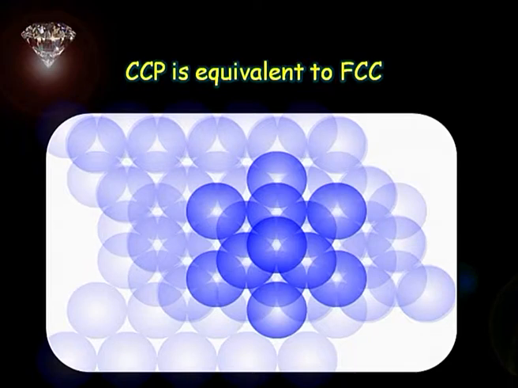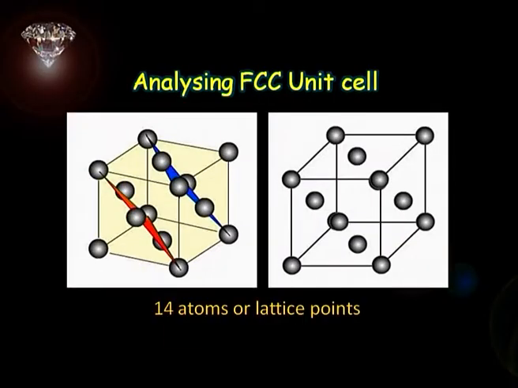Now, let us figure out where these voids are in a unit cell. To do that, we take up a detailed analysis of our FCC unit cell, and let us again recall our FCC unit cell.